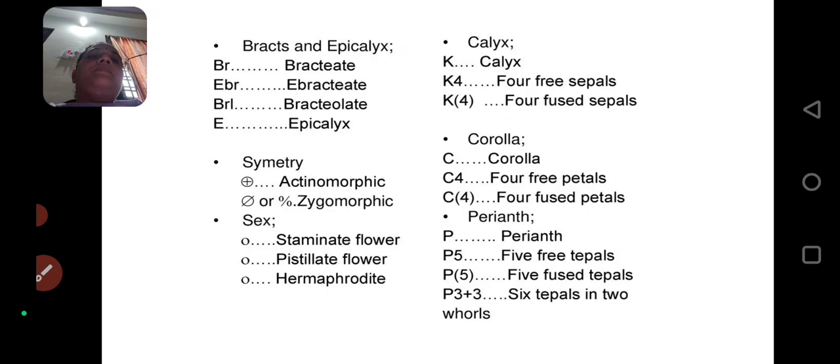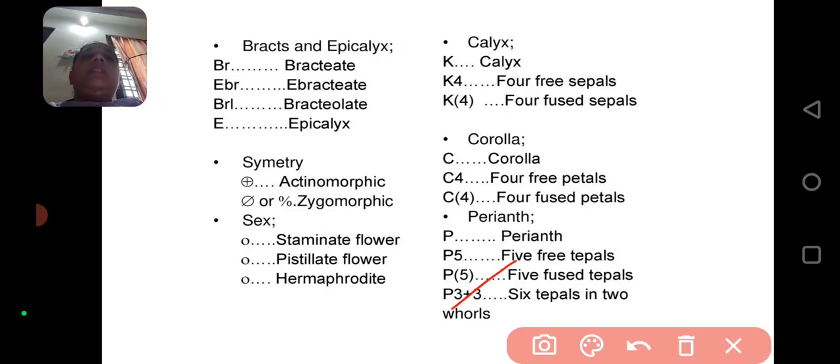Next, an important part: you have to write the number also. K for calyx, and what is the number of sepals? If the sepals are 4, write 4.